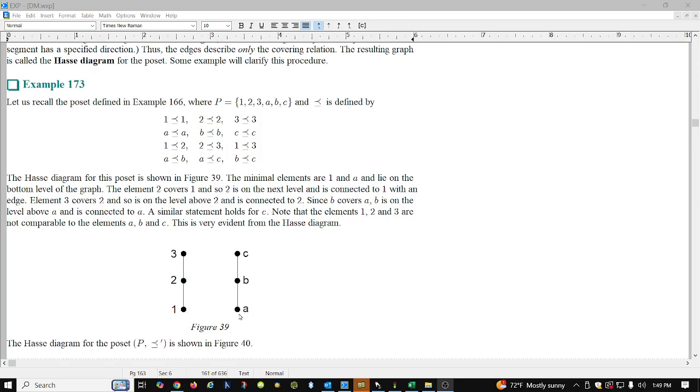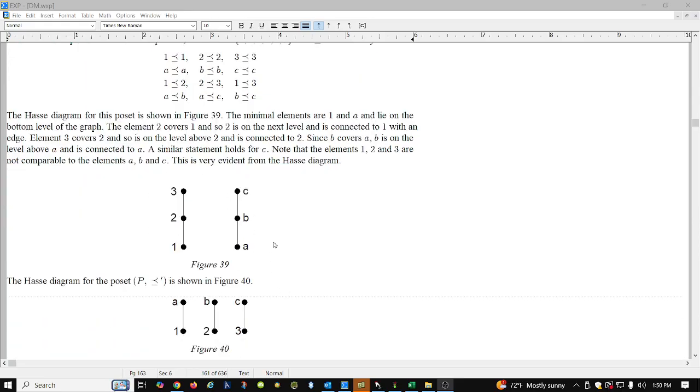B covers A in the same manner, so B goes on the second level. If B happened to cover 1, we would draw an edge between B and 1, but it doesn't. For the third level, we look for elements in P that cover the elements of the second level. And so after drawing all the edges, this is our Hasse diagram.